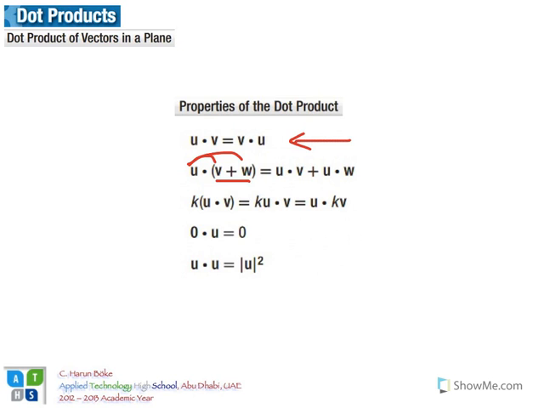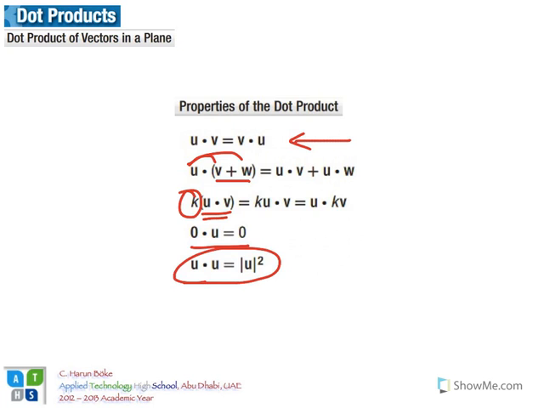We can multiply the dot product by a scalar. When we take the dot product of a vector with the zero vector, we get 0. And here we have a relation between dot products and the magnitude of a vector.